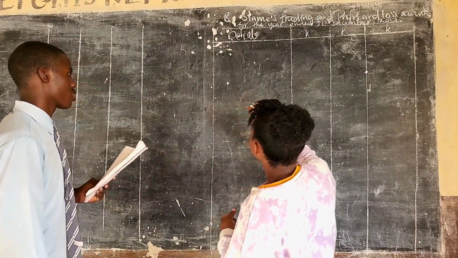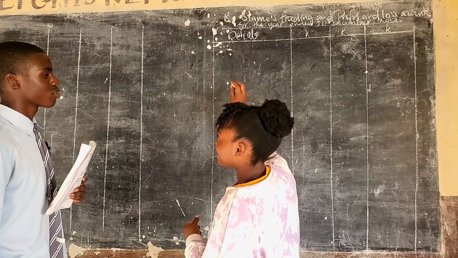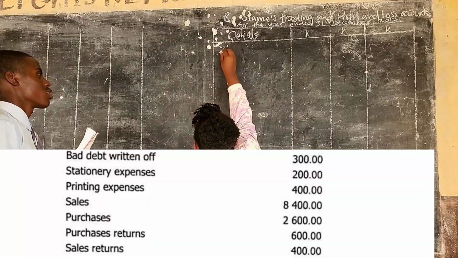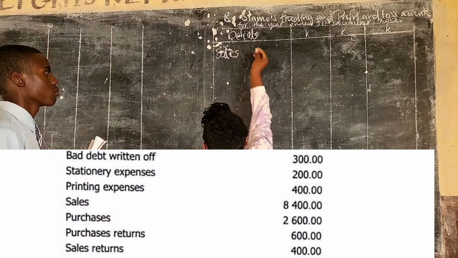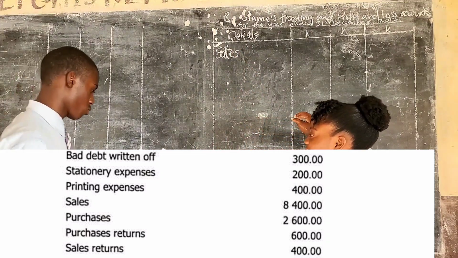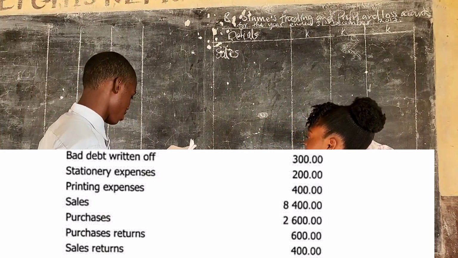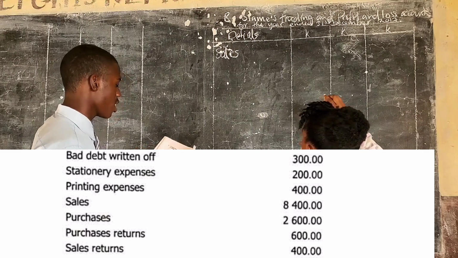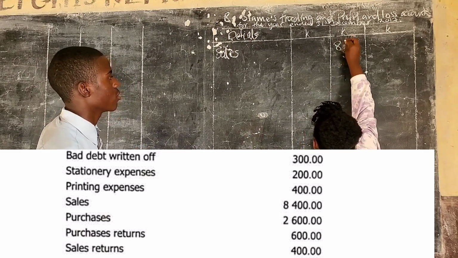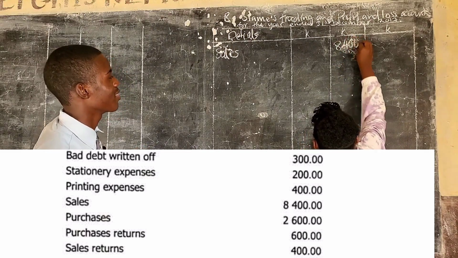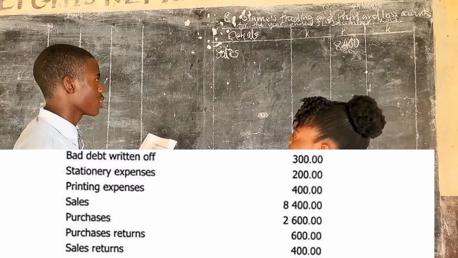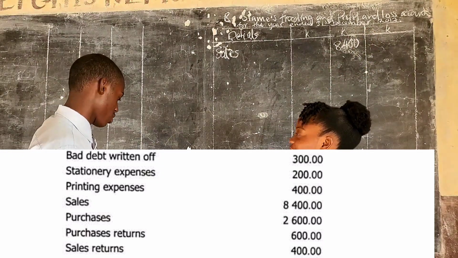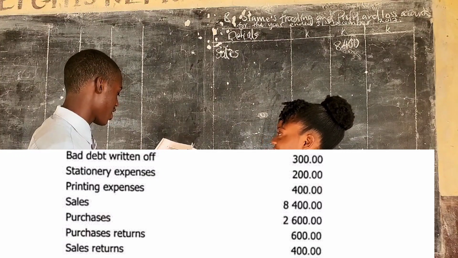Our first item is sales. How much are the sales? 8,400. Before we go any further, do we have sales returns? Yes, we have.